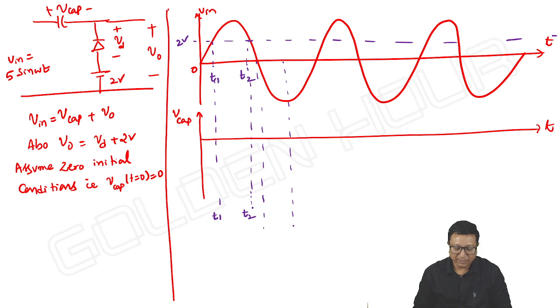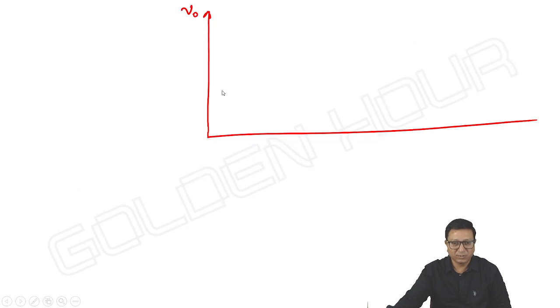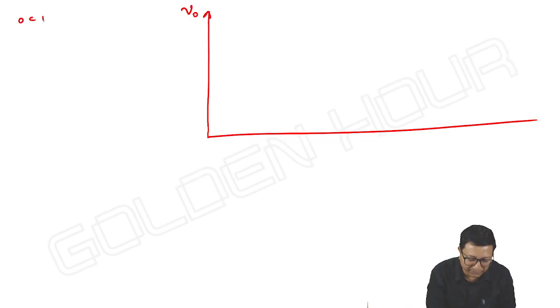Okay. Then when you apply the input at t is equal to 0, what happens? The diode starts conducting because the cathode of the diode is at 0 volts and the anode is at 2 volts. So the cathode is at lesser voltage compared to the anode. So from 0 to T1, the input is less than 2 volts and hence the diode will definitely conduct.